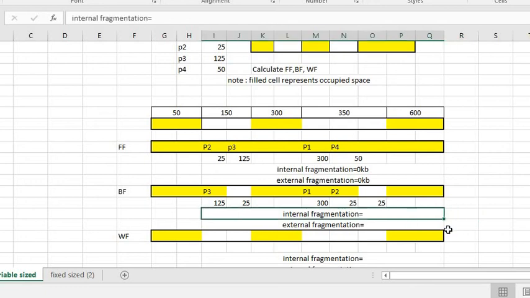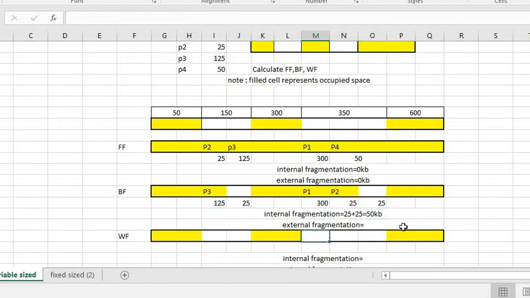So what is the internal fragmentation? The internal fragmentation can be 50: 25 free space here and 25 free space here. So 25 plus 25, equal to 50 KB of memory, is getting wasted unless there are processes arriving requesting memory blocks of lesser or equal to 25 kilobytes.